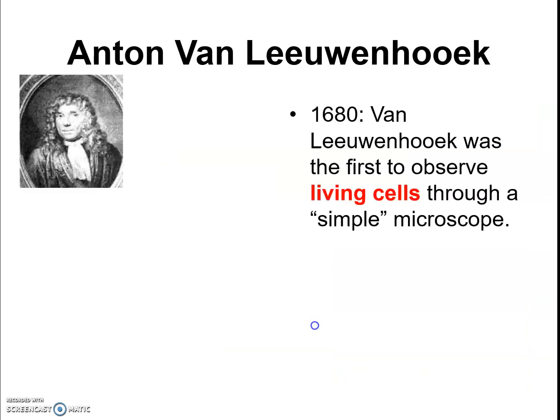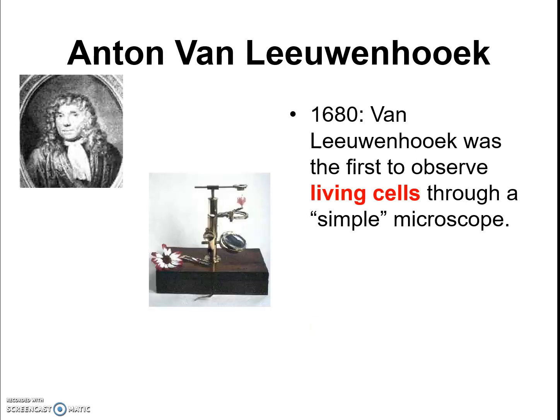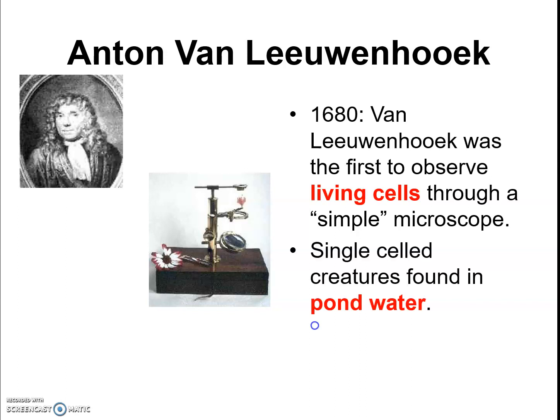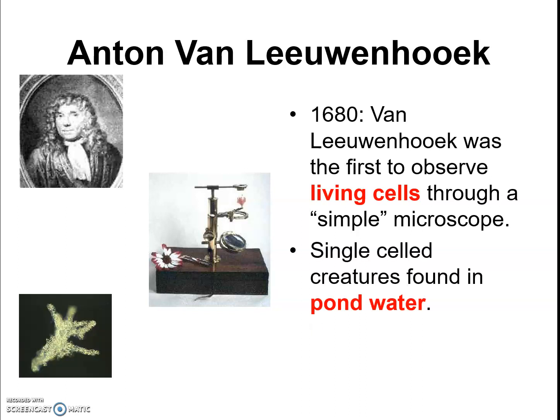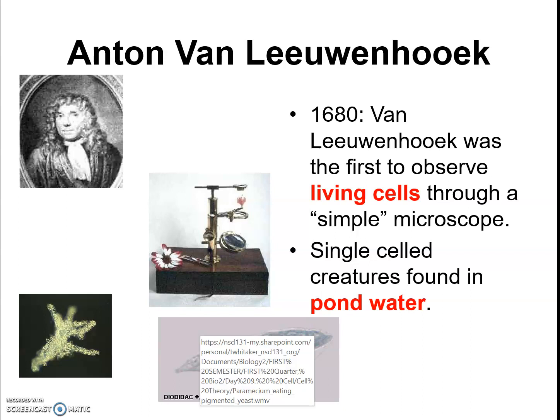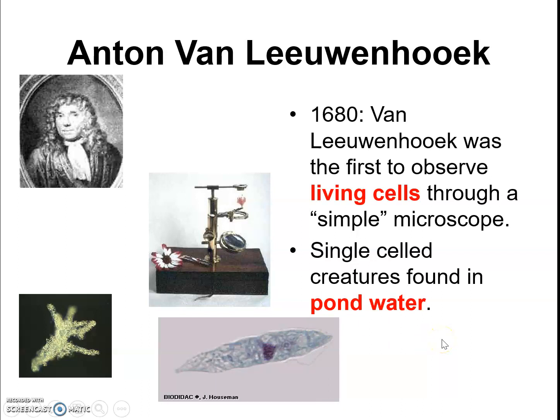The next contribution, in 1680, was van Leeuwenhoek. Van Leeuwenhoek is Dutch, and he was looking at pond water samples in a very simple microscope. What he observed was living cells for the first time.